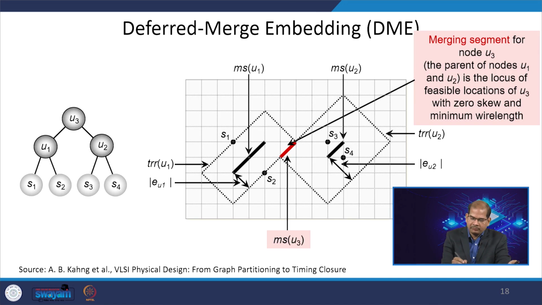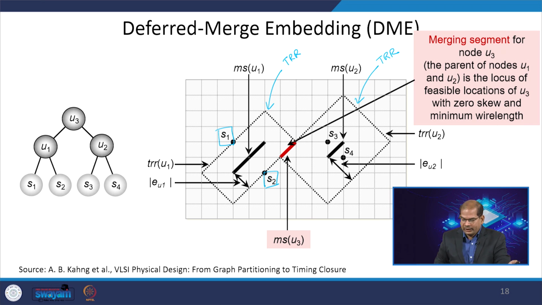Now we have four points. S1 and S2 are two points. This is my TRR corresponding to S1 and S2, and the second one is the TRR corresponding to S3 and S4.